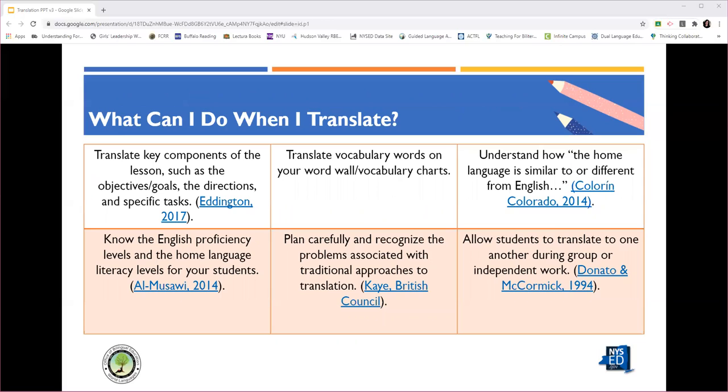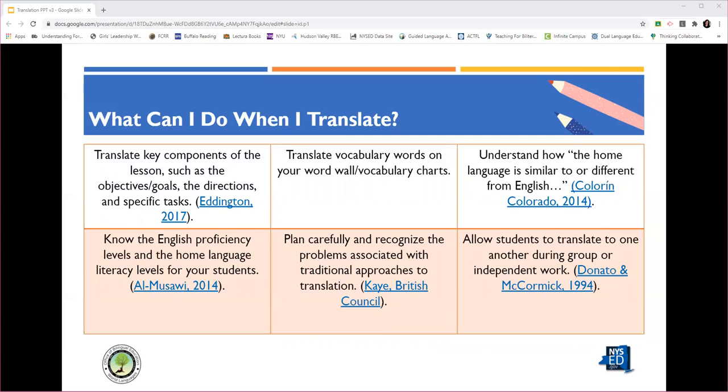What can I do when I translate? We invite you to review the following resources that provide key information on what to do when you translate. You want to translate key components of the lesson, such as the objectives or goals, the directions and specific tasks, and you may want to say the students may need the dictionary spoken to them in their home language for full understanding and for success, according to Eddington 2017.